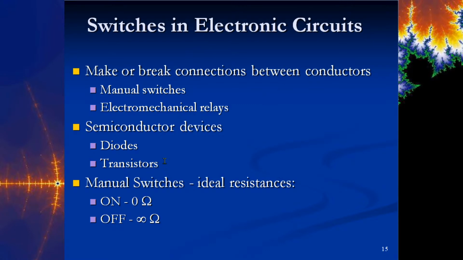We call them electronic switches. Now, if you have an ideal switch, it has no resistance, it doesn't drop any voltage, and it just magically opens and closes. And it doesn't distort the circuit at all. But that's not the case. If you're using a diode, then you know that you're going to drop at least 700 millivolts. So you're going to have to account for that in your circuit.